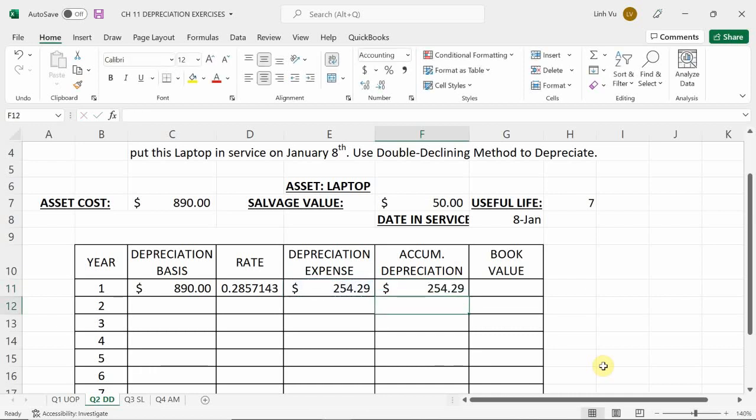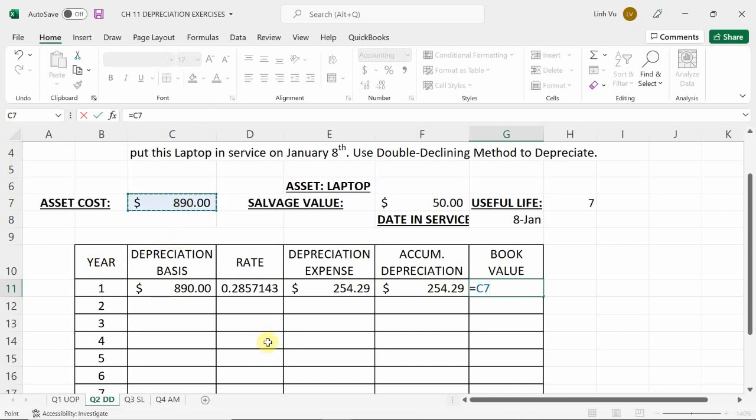So what's my book value going to be? $635.71. Good.